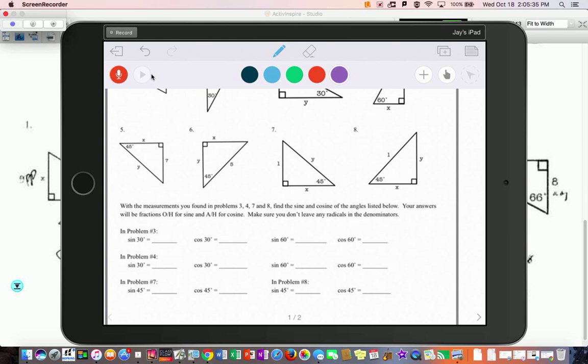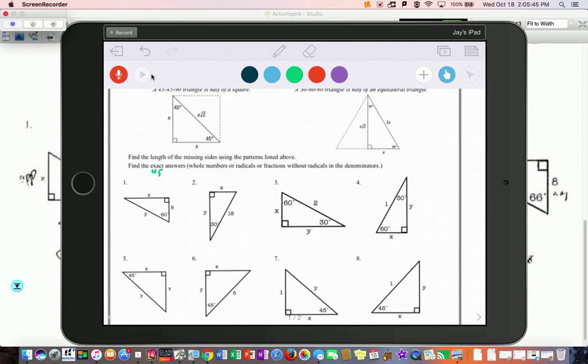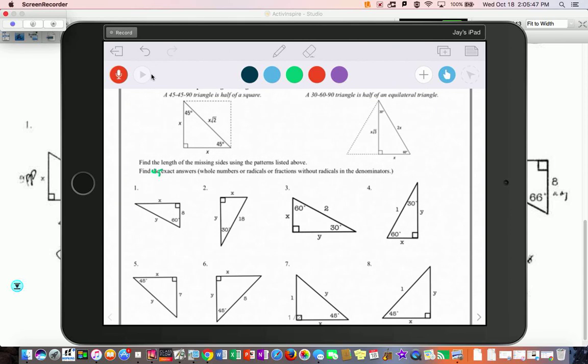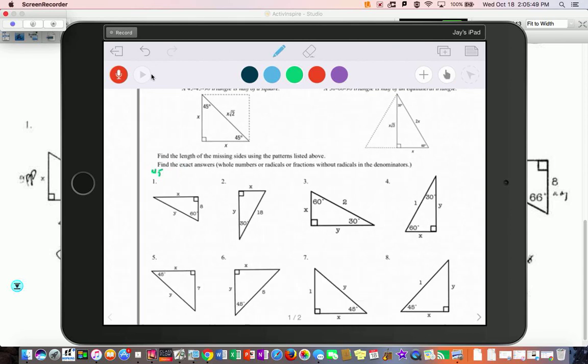On the 45, 45, 90s, this is 45 over here. So remember, if you know the legs, you're going to multiply by root 2. If you know the hypotenuse and you're going backwards, you're going to divide by root 2.